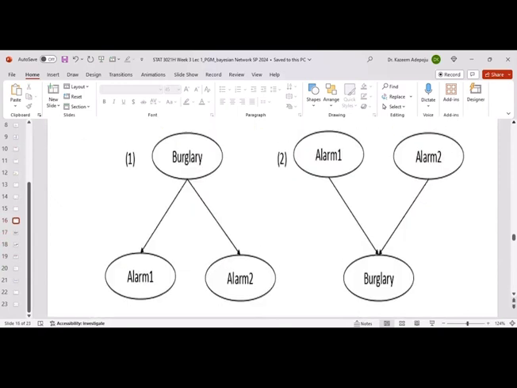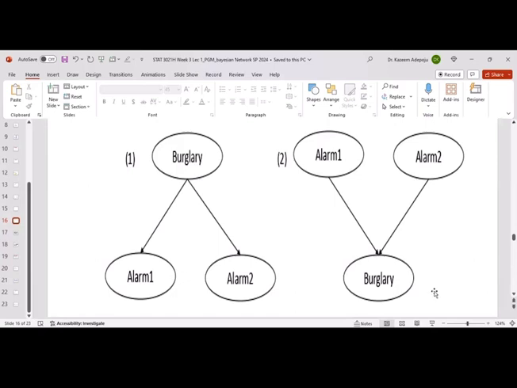When we're using that, who are the parents here? Alarm 1 and alarm 2. The process starts from them. That is why we're only giving the unconditional probability for them. They are not conditioned on anything. It is burglary here that is conditioned on them. Does that make sense?